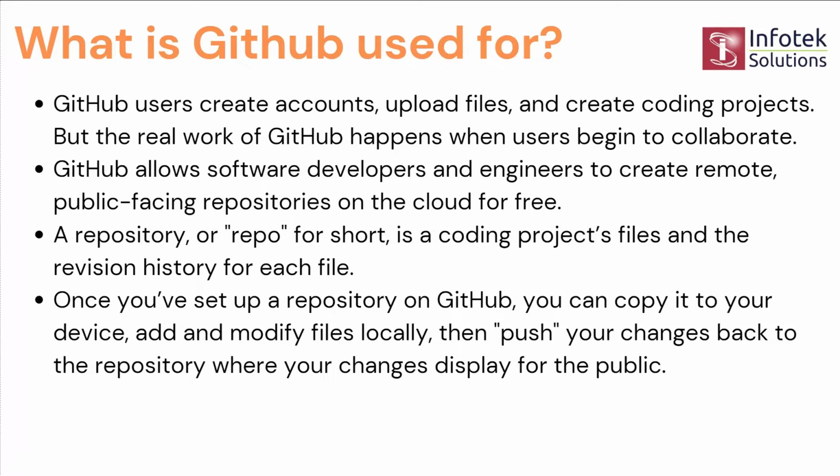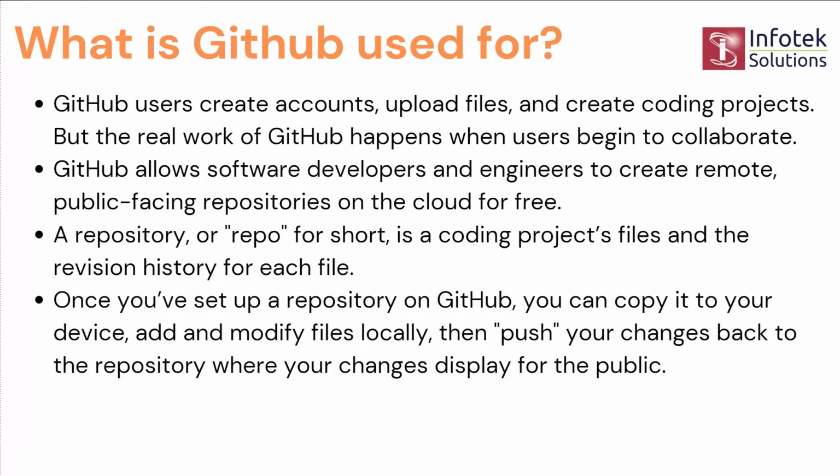GitHub allows software developers and engineers to create remote, public-facing repositories on the cloud for free. A repository, or repo for short, is a coding project's files and the revision history for each file. So in GitHub, you need to create a repository. You can say it's a type of folder that you create where you upload your code.